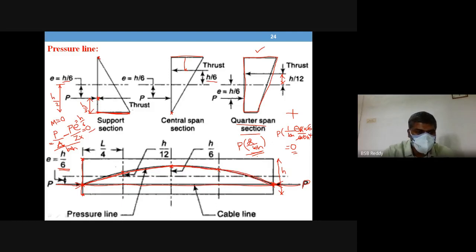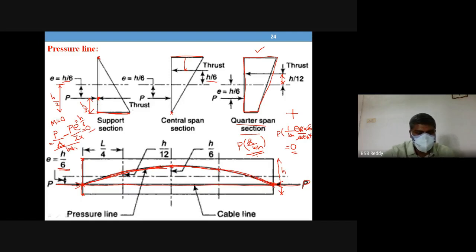Right. Reason behind drawing it as parabola, because the bending moment in a simply supported beam varies parabolically. So you are using the bending moment to locate this pressure line. That's why the compression line also shall follow bending moment nature.